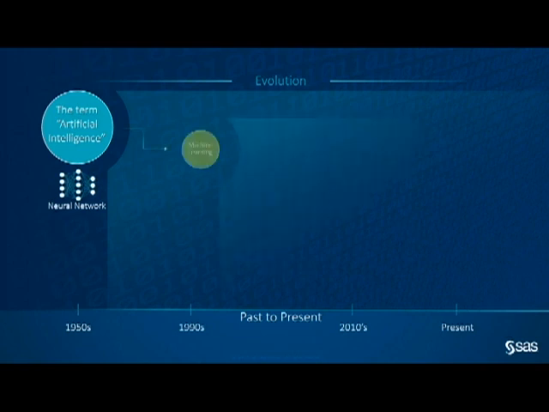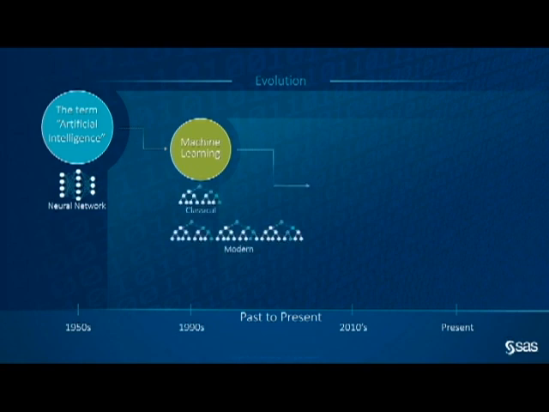A major reason for that is the algorithms have been around for a while. The algorithms are improving, but a much bigger reason is there's so much more data available that you can actually use to make your decisions, as well as the compute power necessary. Most deep learning takes place on GPUs because it's so computationally intensive.